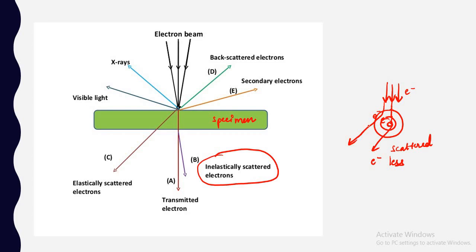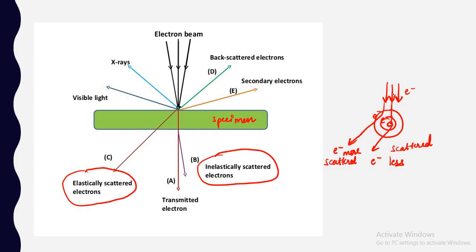Which is revolving in the orbit, and these revolving electrons in the orbits will scatter more because they have gained energy from this electron. So here there is a more scattered electron. They are known as elastically scattered electrons. Why?